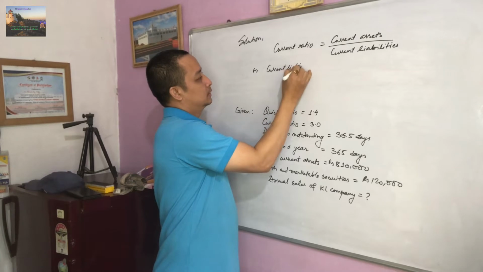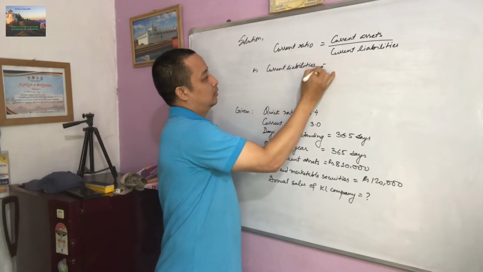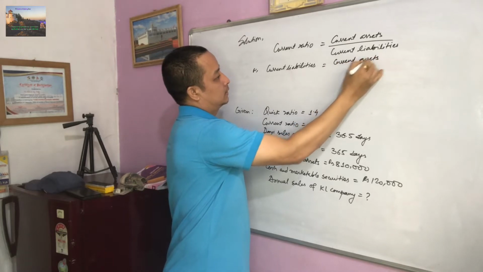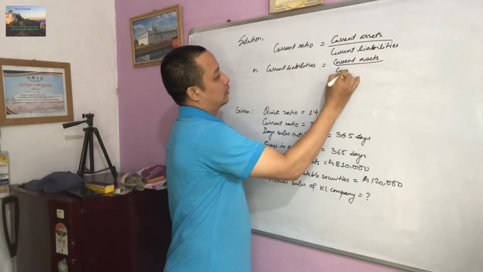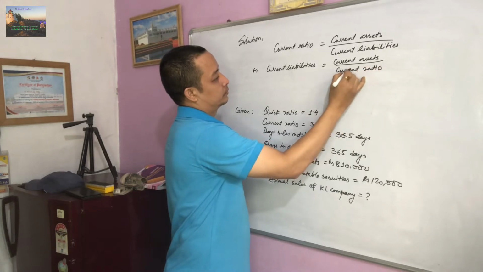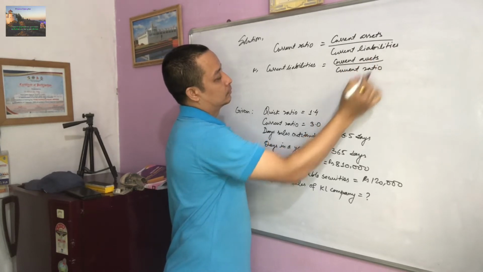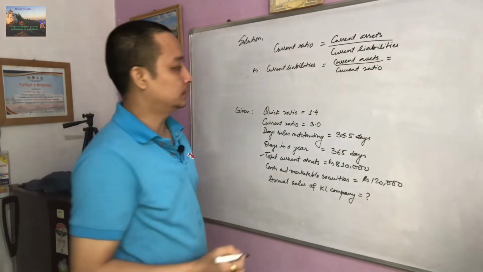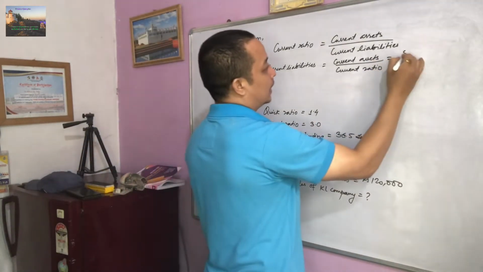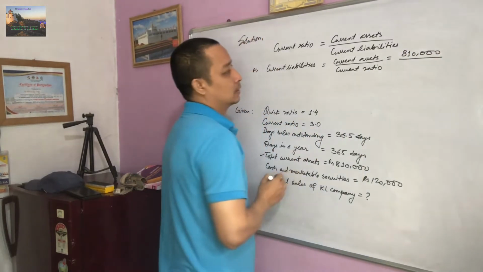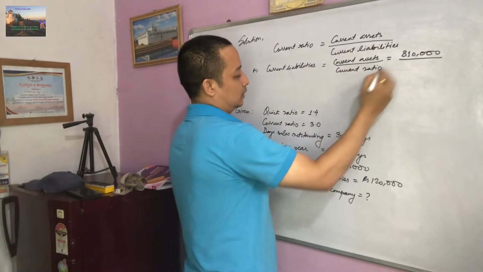Current liabilities equal to current assets upon current ratio. So here current assets, if you see, it's given 8,10,000 and current ratio is given 3.